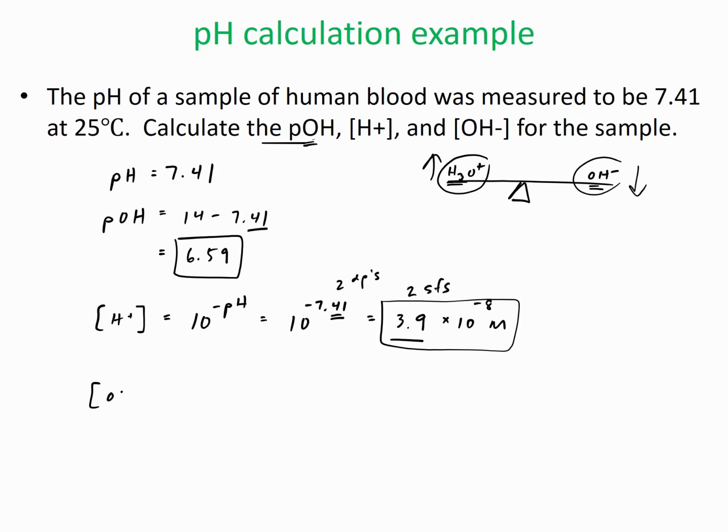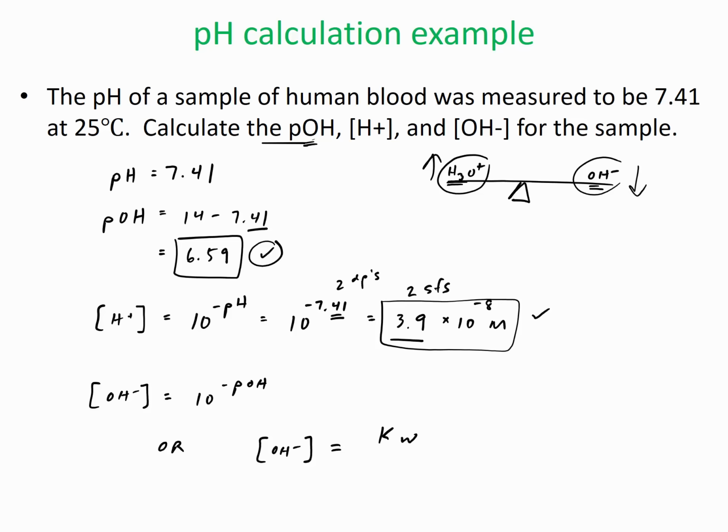Lastly, I need the OH concentration. There's a couple ways we can do it since we have this and this. You could go 10 to the negative pOH and plug in this number. Or you could do it this way. You could go OH using, I think it was equation number 1 on the slide ago.